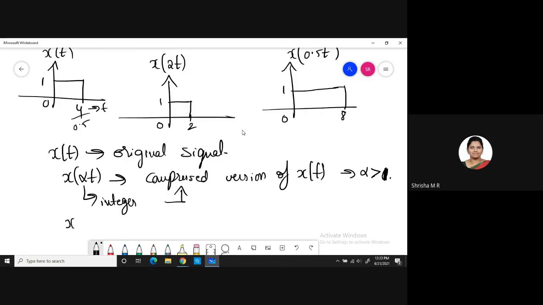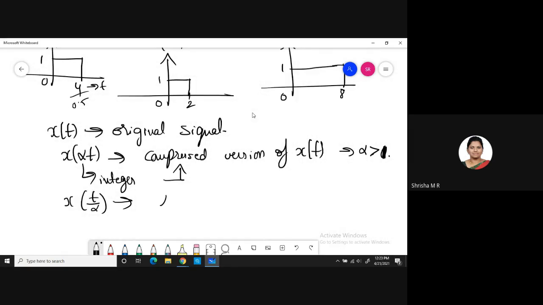So if you have x of t by alpha, or if alpha is in the form of a fraction, what do you have? You have an expanded version of the signal.